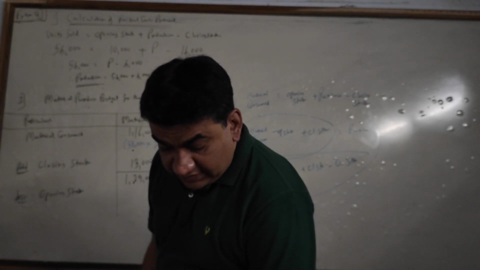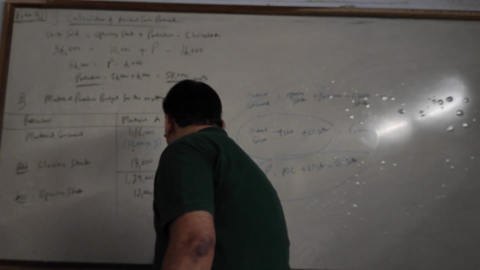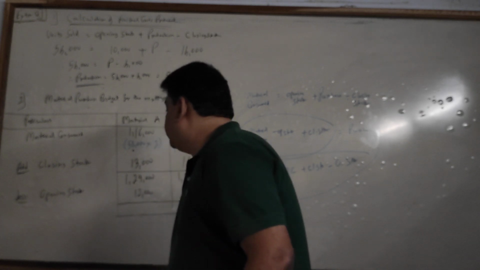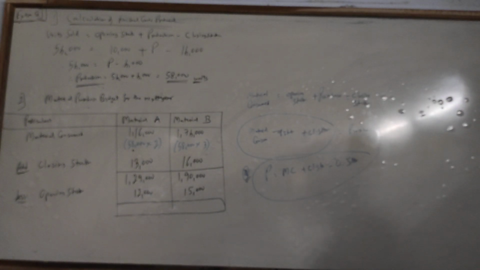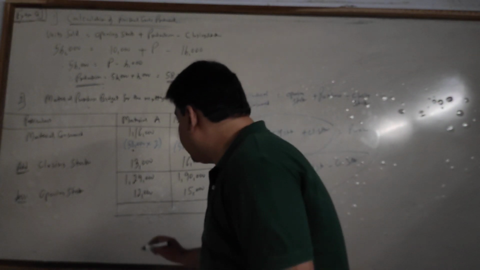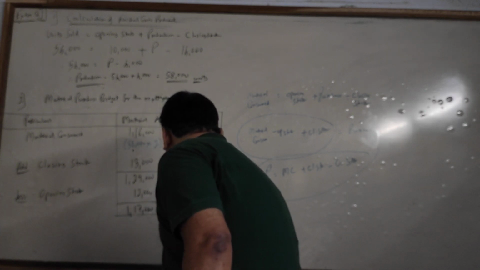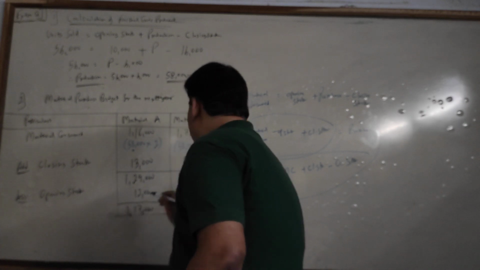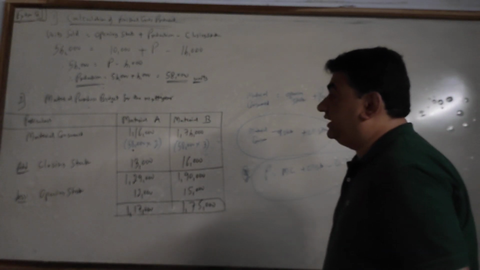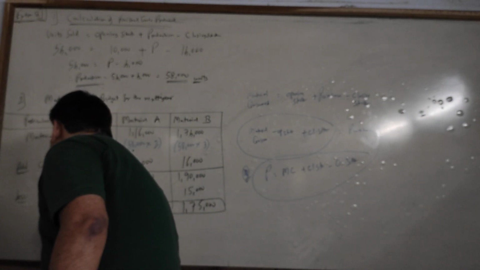Opening stock is given there: 12,000 and 15,000. Now get it. So 129 minus 12 is 117, and 190 minus 15 is 175. This is nothing but my purchases.